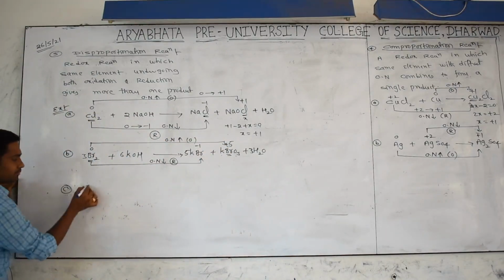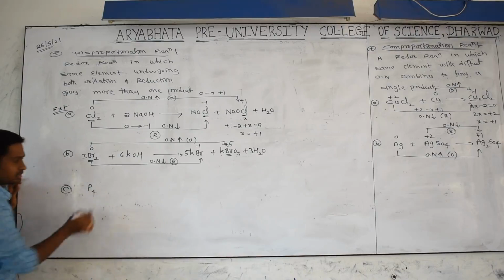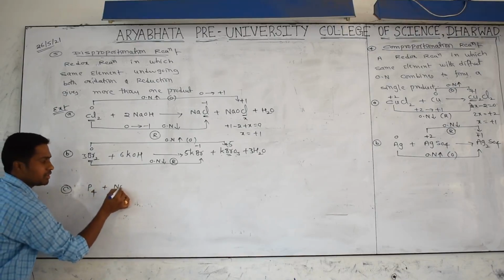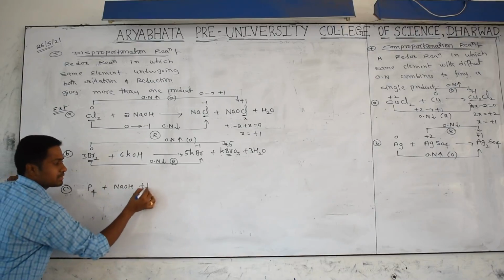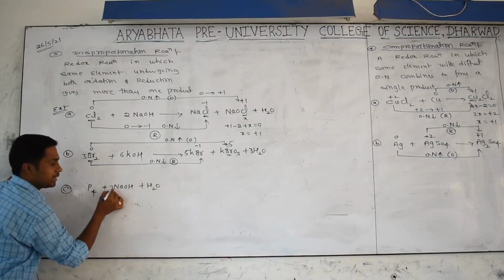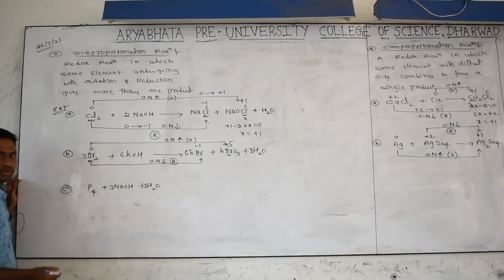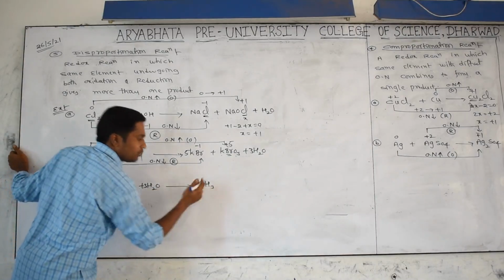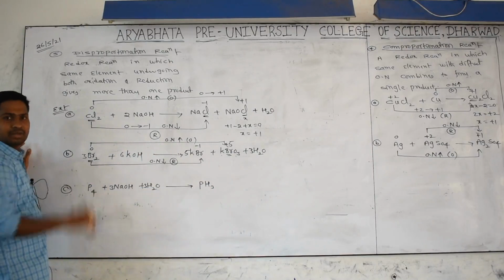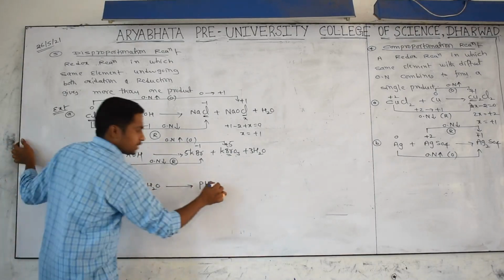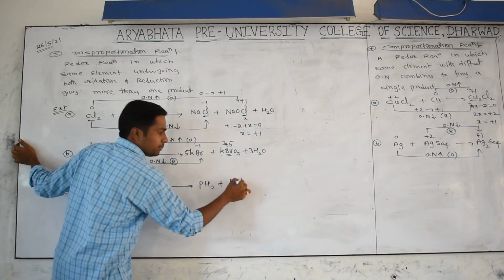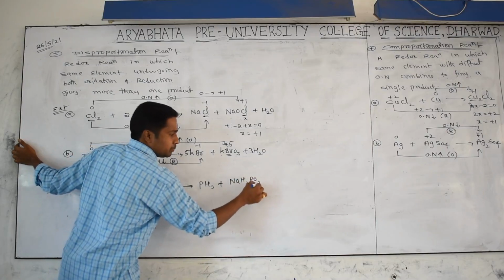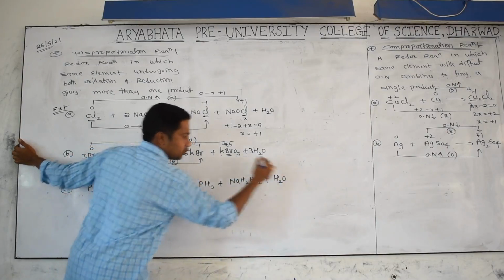See carefully: phosphorus, white phosphorus, reacting with NaOH plus H2O. Take 3 moles and 3 moles. What products may you get? You will get these, and it is a redox reaction and a disproportionation: PH3 plus sodium hypophosphite, Na2H2PO2, plus H2O.